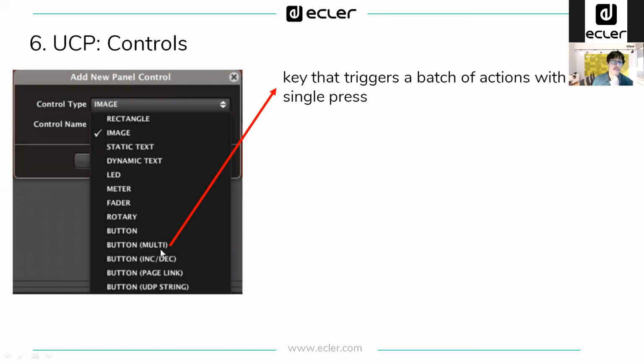The multi-button didn't have the page link function. Now it's possible. You put a page link button, and on it you put another button, so you can recall a preset at the same time you jump from page to page, which is something quite useful.